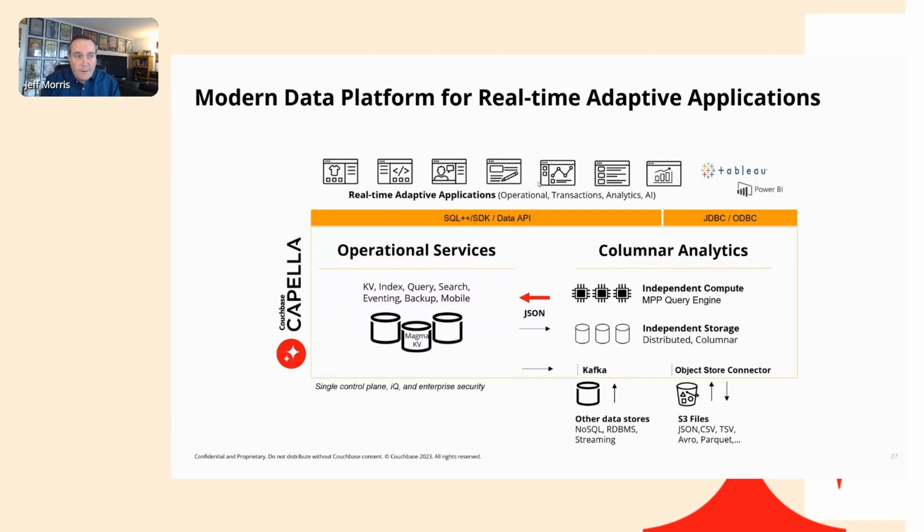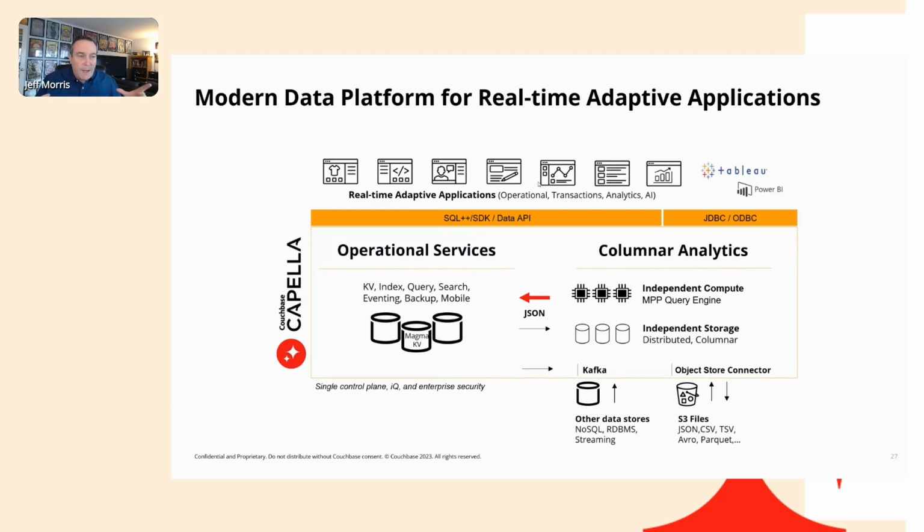So we've got our independent compute engine doing calculations against a columnar-oriented storage format that's stored in Object Store in S3, and it will scale independently as the other Capella services do, but it's also able to ingest data via Kafka from other third-party systems, or ingest and write data to a variety of different data formats, JSON, CSV, Parquet even, supporting object store connections.